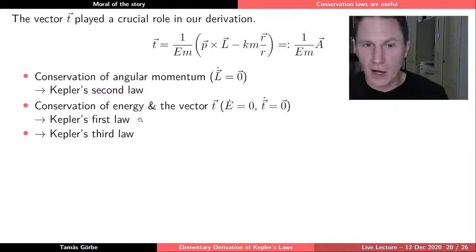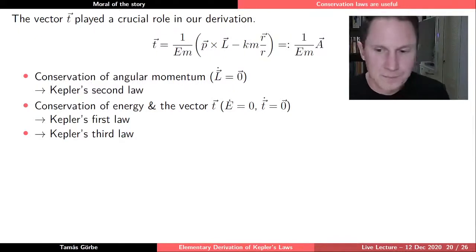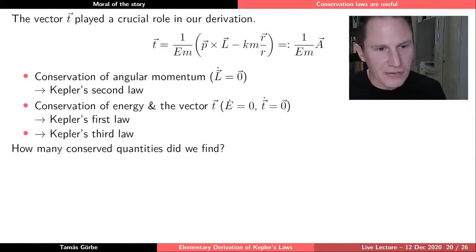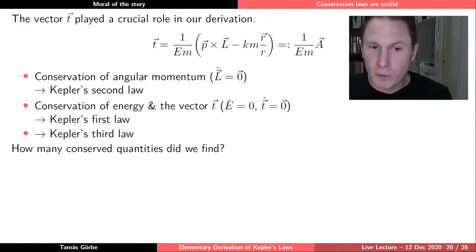So this is how we used conserved physical quantities that do not change in time, to derive Kepler's 3 laws of planetary motion.